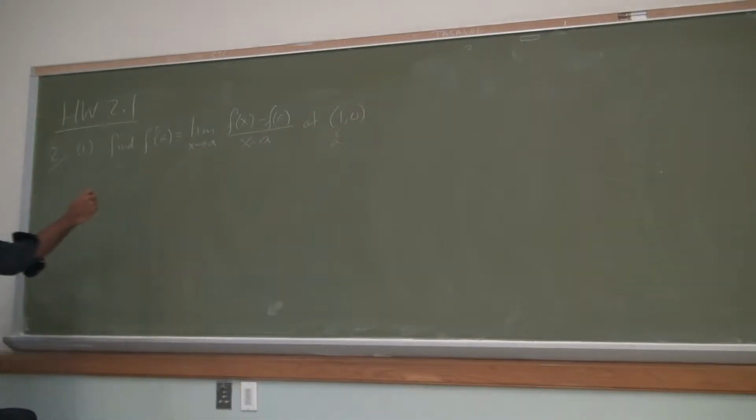And what was the function? y equals x minus x cubed. All right, so let's call this f of x. So f prime of a is equal to what?